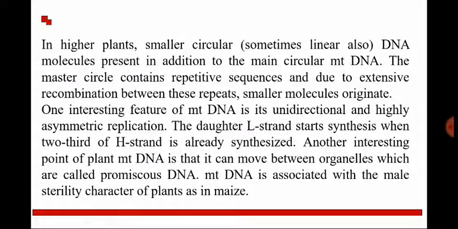In higher plants, small circular, sometimes linear, DNA molecules are present in addition to the main circular mitochondrial DNA. The main circle contains repetitive sequences, and due to extensive recombination between these repetitive sequences, smaller molecules originate.